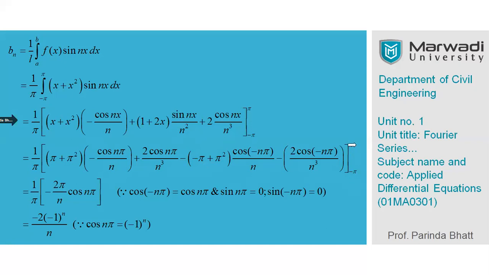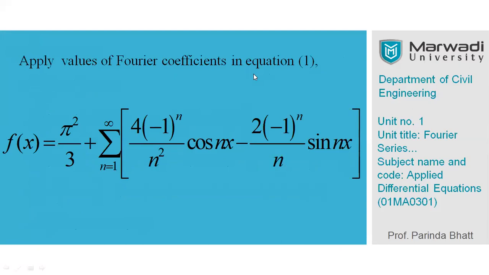The limit is minus π to plus π, right? Open this bracket; the plus terms and the minus terms cancel out, remaining only this term. You simplify two steps in your book, and then apply the value of cos nπ and apply it into the Fourier series. Okay.